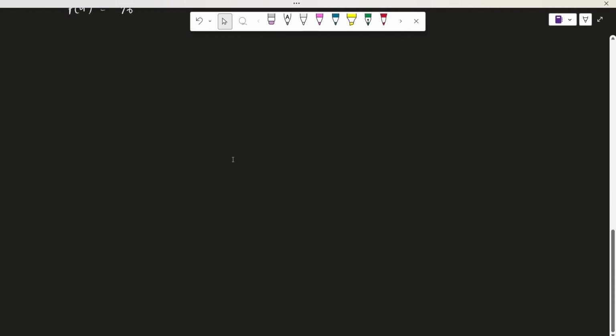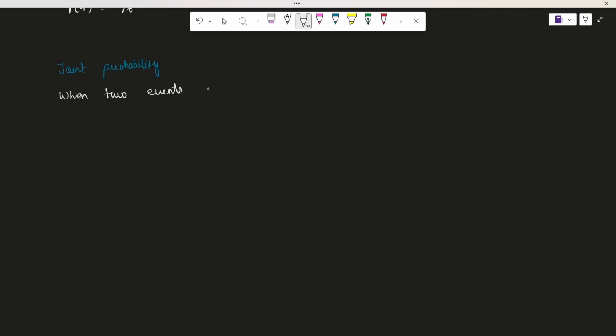Then there is another term, that is joint probability. It basically means when two events A and B happen together.